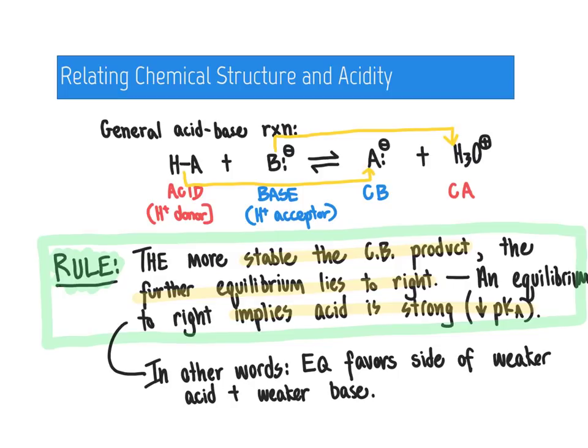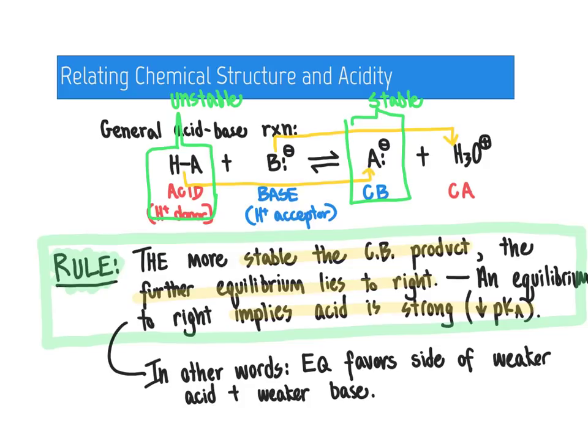So when we look at this general acid-base reaction, if we see that this product side, our conjugate base, is stable, and the acid side is unstable, that's going to imply to us that the reaction equilibrium is going to lie very much toward the side of the product.